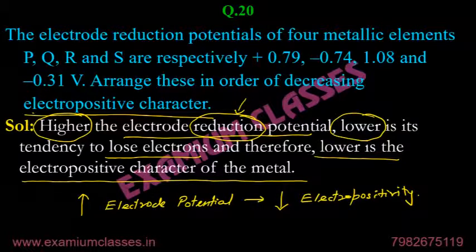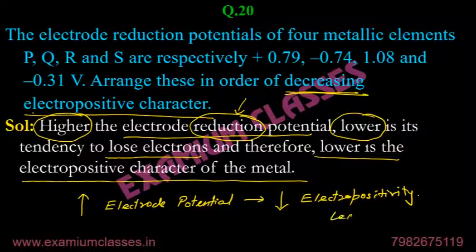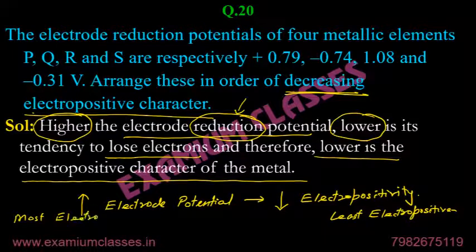Now you have been asked to arrange in the order of decreasing electropositive character. It means you have to write least electropositive on the right hand side and most electropositive on the left hand side.